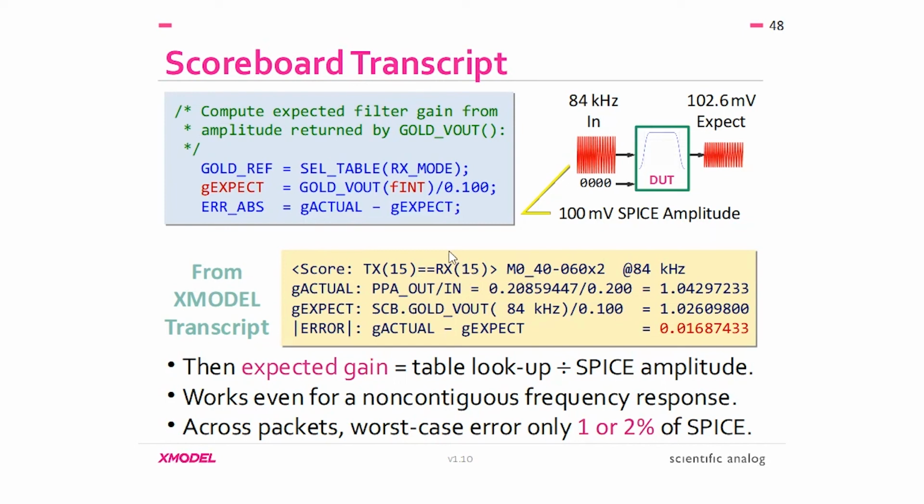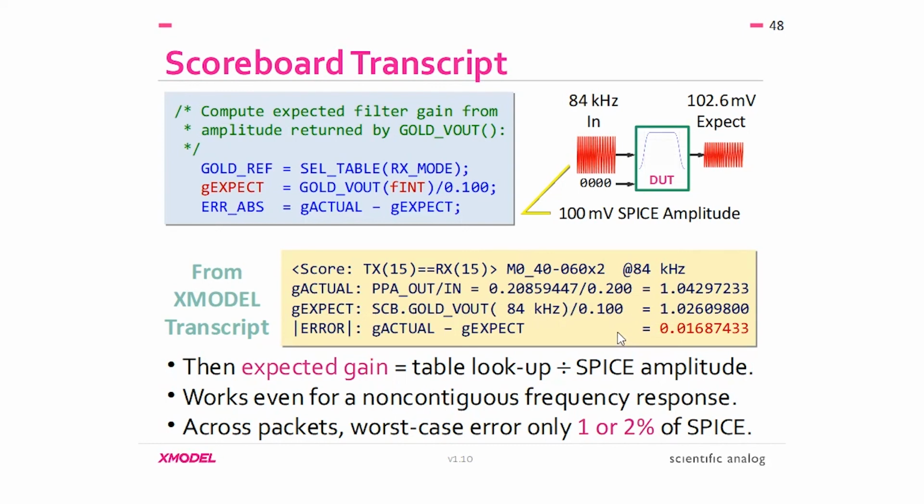And so we're using, as we saw in section 2, the peak-to-peak amplitude measurement primitives to generate the expected filter gain. And we're calling goldVout, a scoreboard method, to generate the expected gain at this particular frequency of 84 kilohertz. Notice they're pretty close.